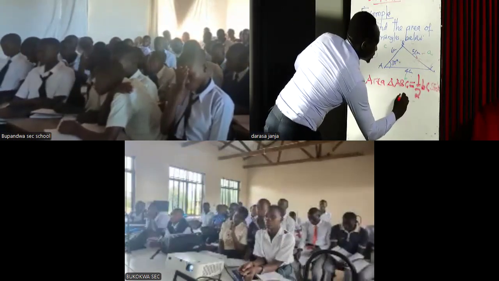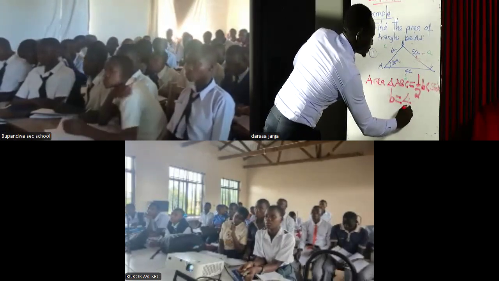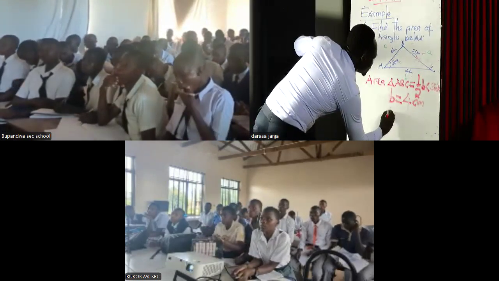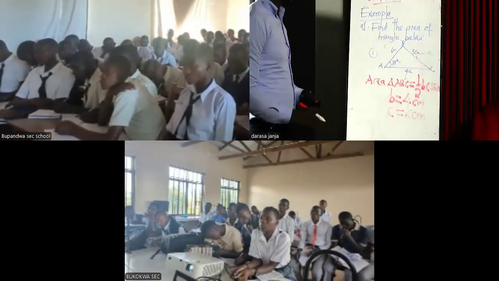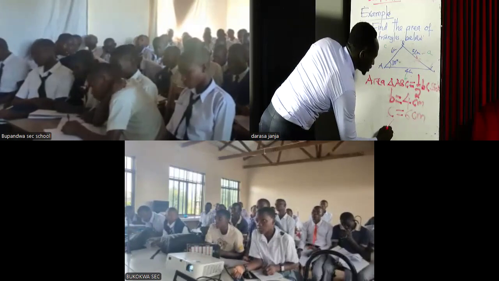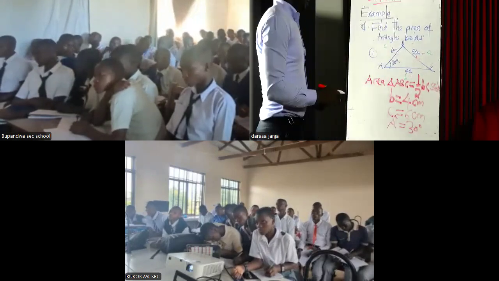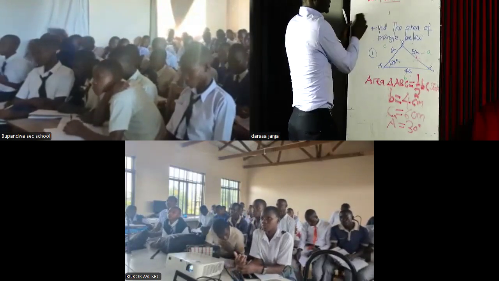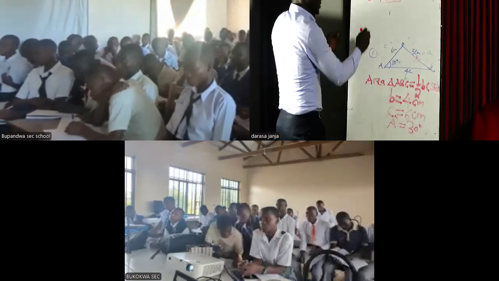So for this case, the value of B is 4 centimeters, and the value of C is 6 centimeters. So we have to substitute our values. And the angle between them, which is angle A, is 30 degrees. We have to substitute our values now.